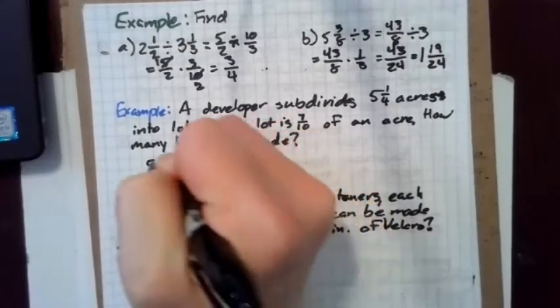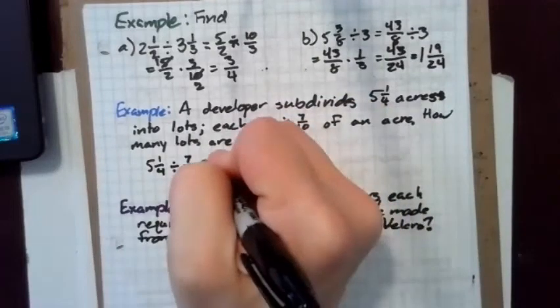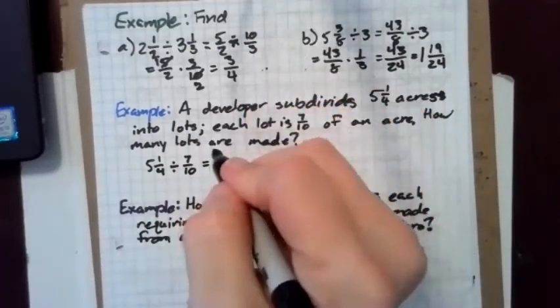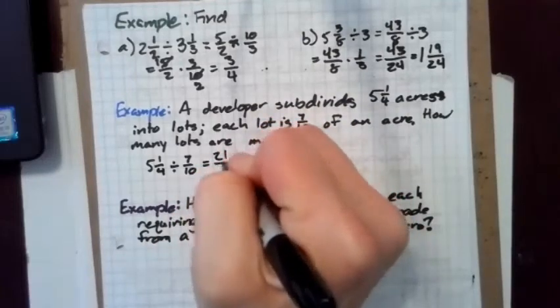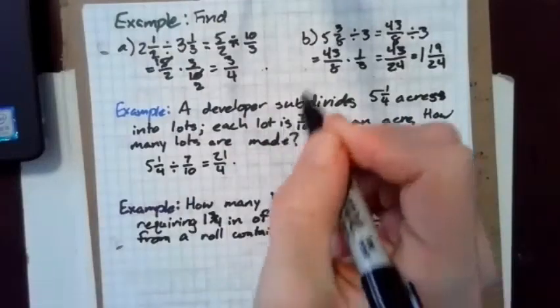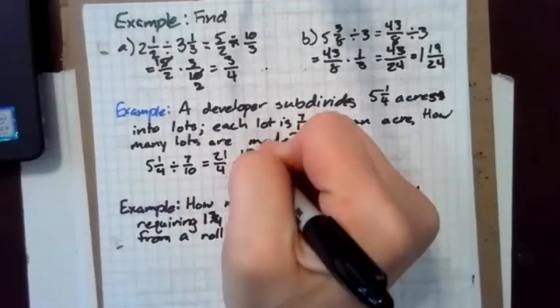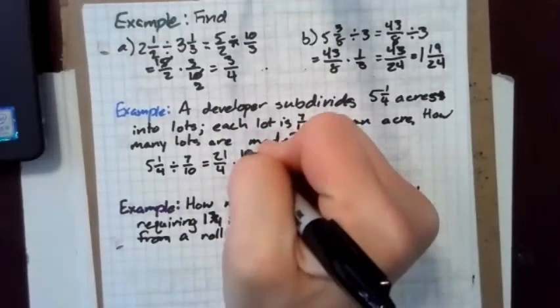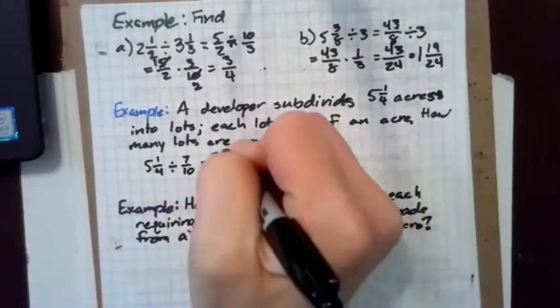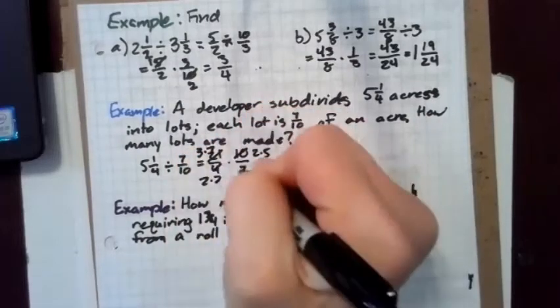So we'll have to write that 5 1/4 as an improper fraction. That's going to be 21/4. And then we might as well just get our reciprocal right now. That's going to be 10/7 there. Okay, well, that's 2 times 5, and that's 2 times 2, and that's 3 times 7, and that's just 7.